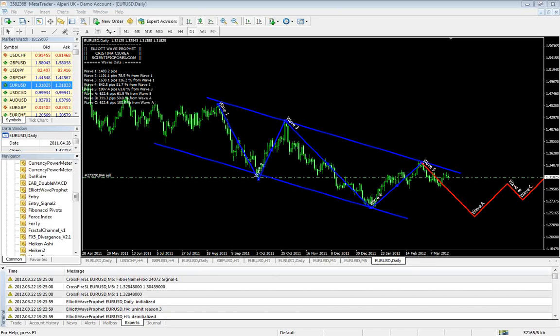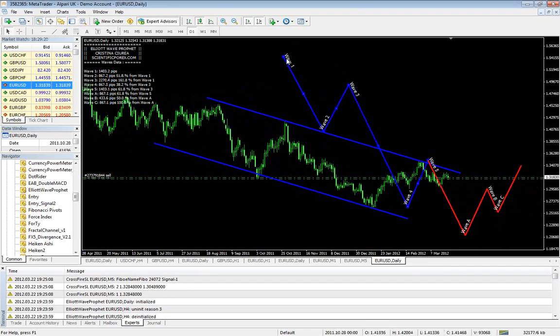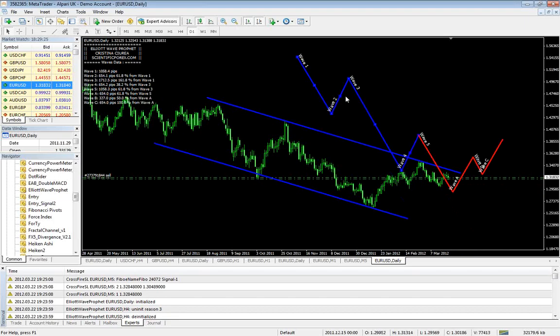There is a question from Andrei. Hi Tudor. Is there written anywhere the rules for size of Elliott waves to be valid? So if you want to see the size of waves to be valid, what you can do here, double click on wave 1, just drag and drop on your chart, and you can see it will give you an Elliott wave pattern.